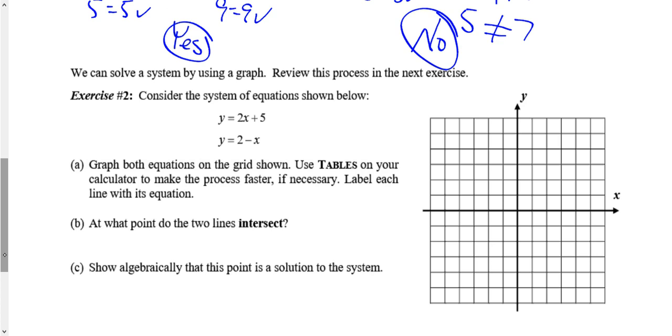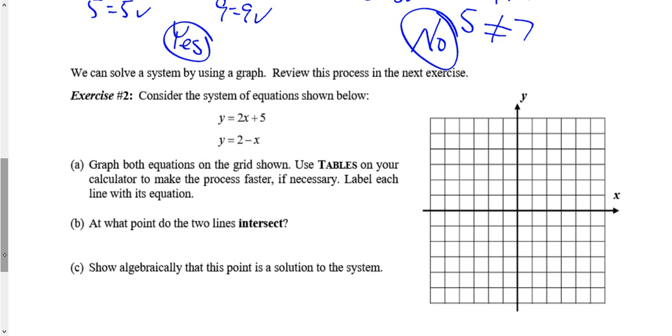Where will the graphs be the same? Intersect. Thank you, Amy.